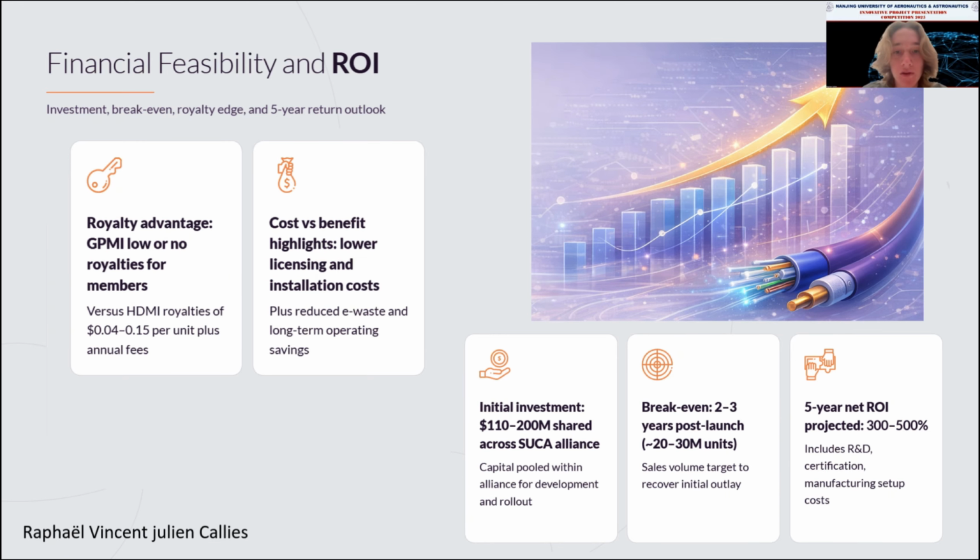Looking at the full 5-year horizon, the projected net return on the investment is substantial, ranging from 300 to 500% after accounting for all R&D, certification, and manufacturing setup costs. This demonstrates a financially viable and highly rewarding opportunity for partners.